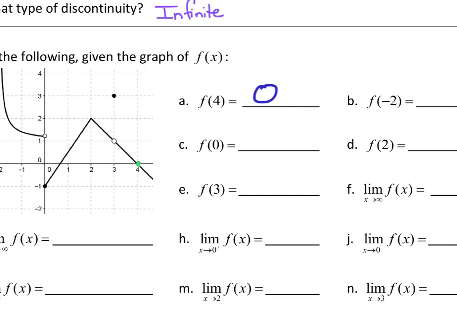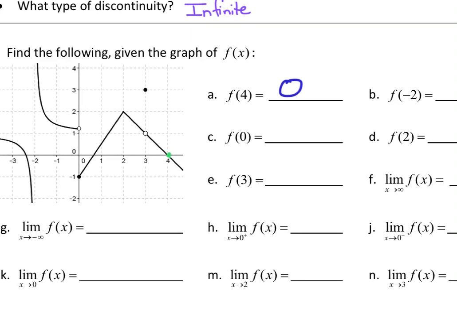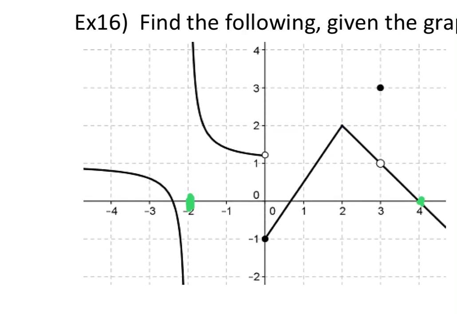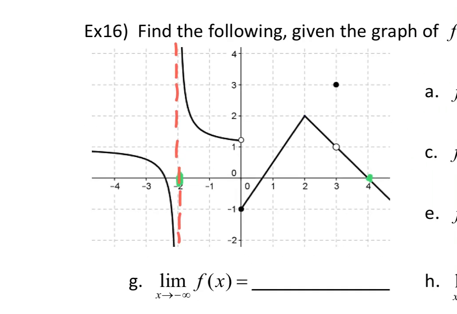And part B asks you to find f of -2. So again, you want to look and see where x is -2, and that's where I see something that looks an awful lot like a vertical asymptote. And so just to help myself to answer some of the other questions, I'm going to draw an asymptote there, and if that's not an asymptote, then nothing is.